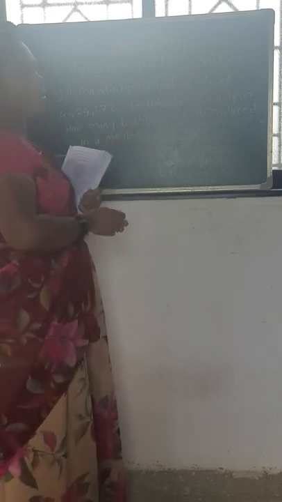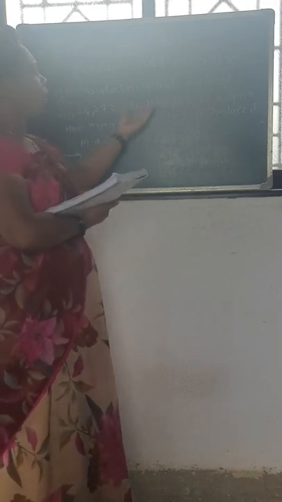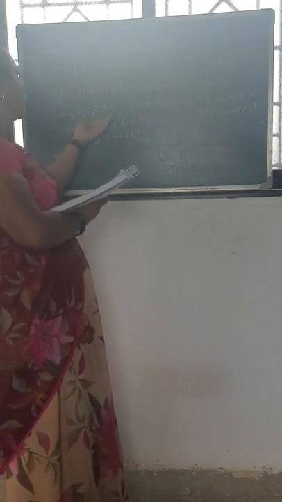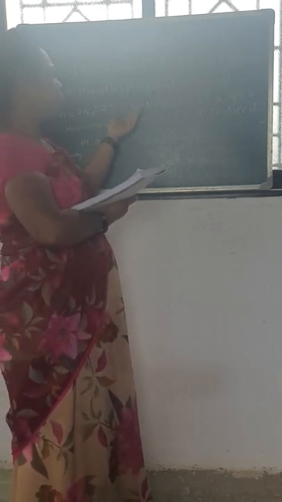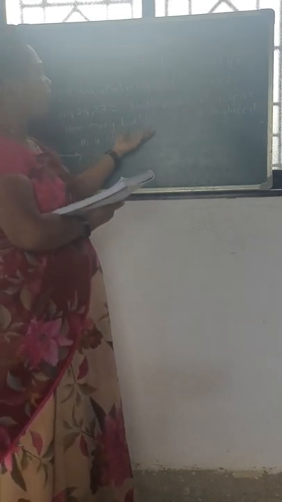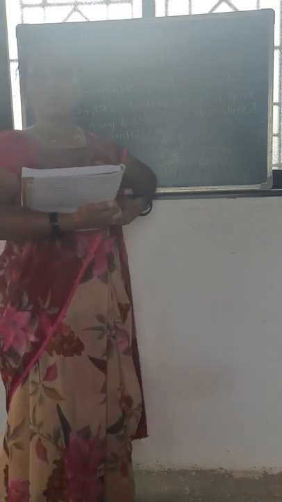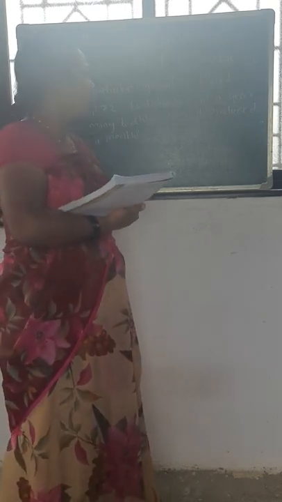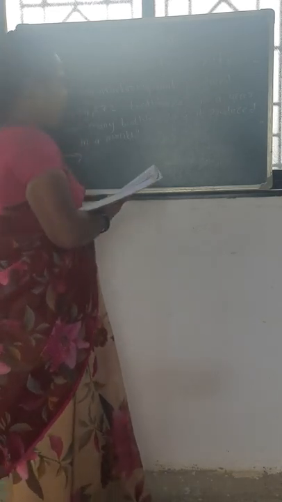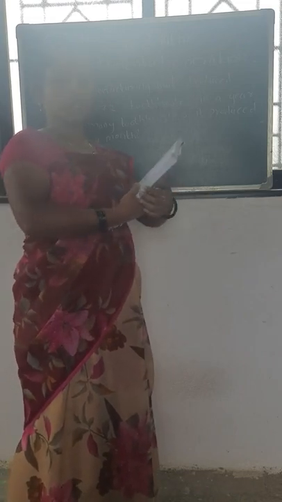We have one example. The example is: a manufacturing unit produced 40,24,272 toothbrushes in a year. Then how many toothbrushes did it produce in a month? We are given the toothbrushes produced in 1 year, and we have to find the toothbrushes produced in 1 month. Then we use division.